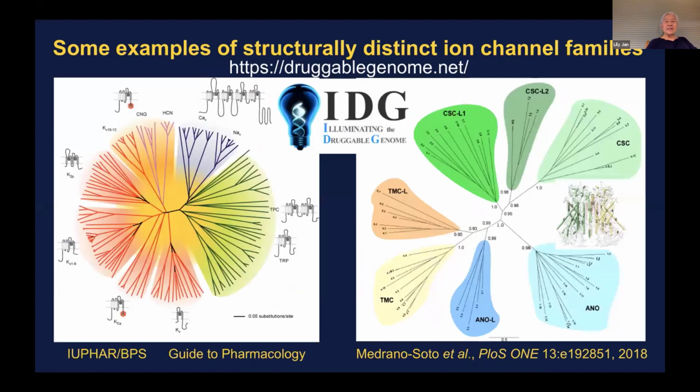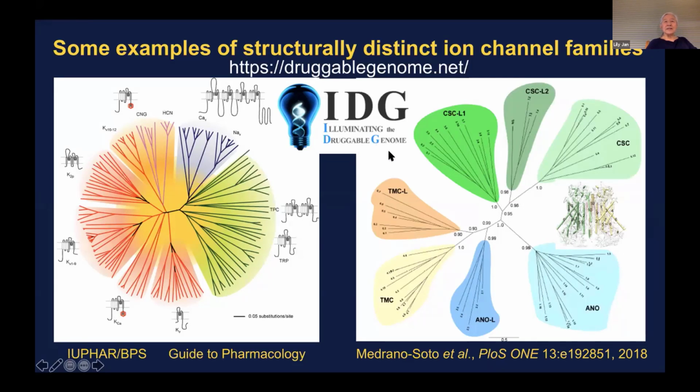So these two examples of multitasking channels actually belong to two very different, structurally completely different families of channels. And you will hear from Stephen Lung's talk after mine, the structure function studies of different types of ion channels. Quite often, the first few members of a family receive a lot more attention, while other family members are under study.